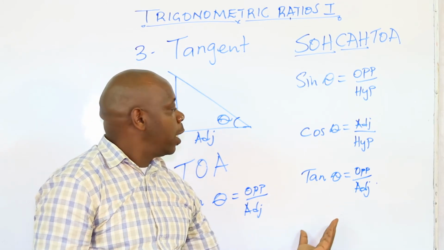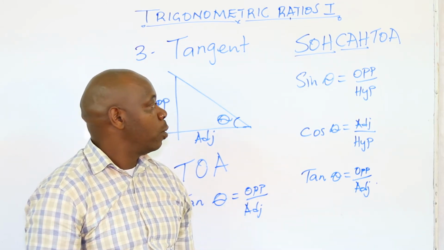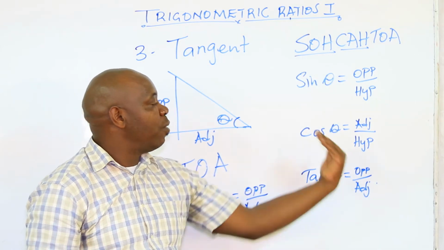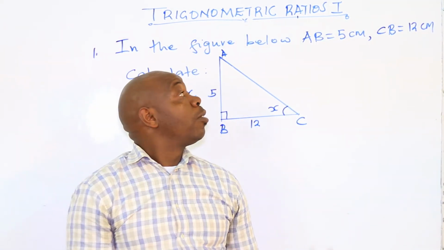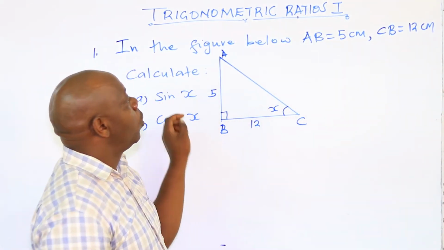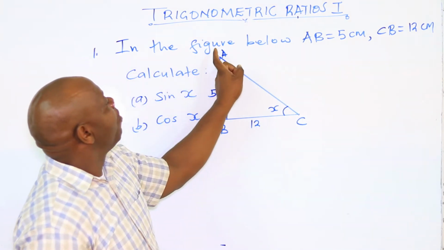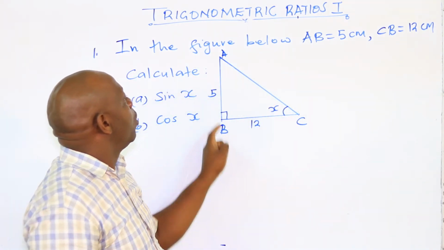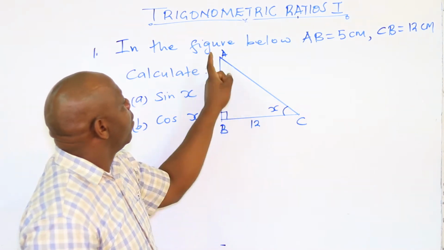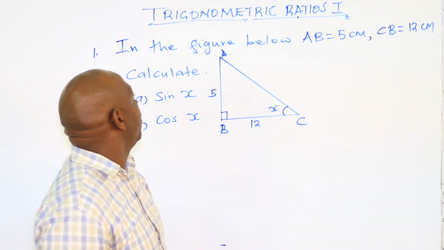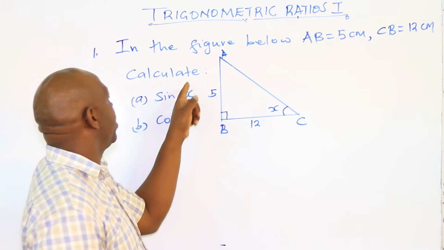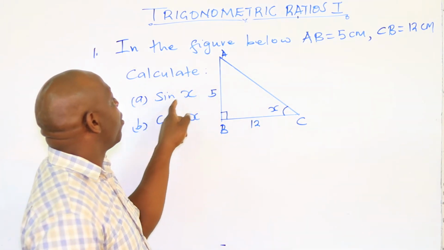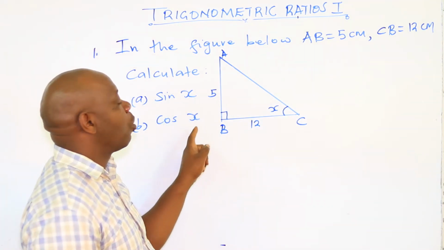So we are going to take two examples to explain what we have discussed. In the first example, we want to consider a figure given AB, which is 5 centimeters, CB 12 centimeters, and then you are told to calculate A, the sine of x, and B, cos of x.